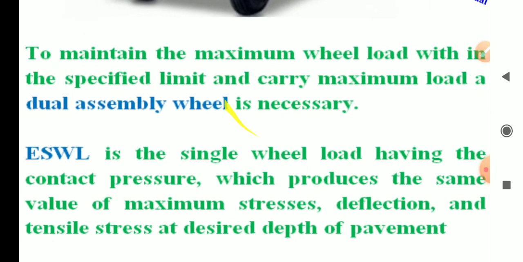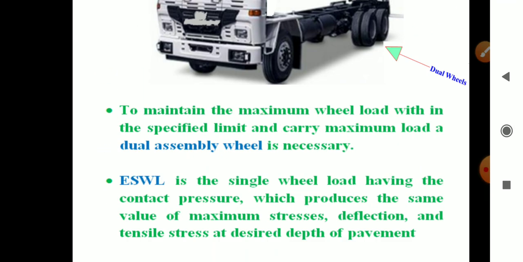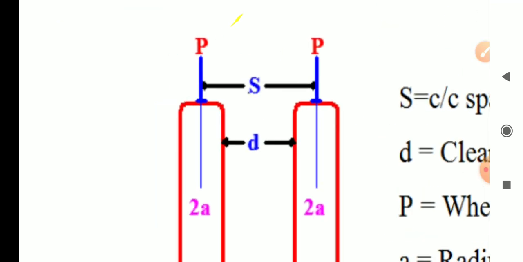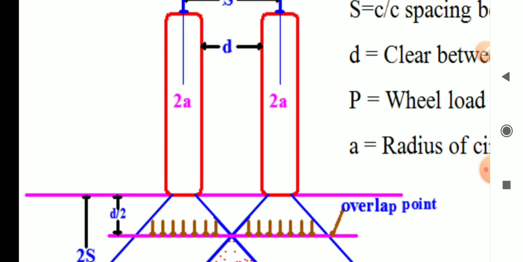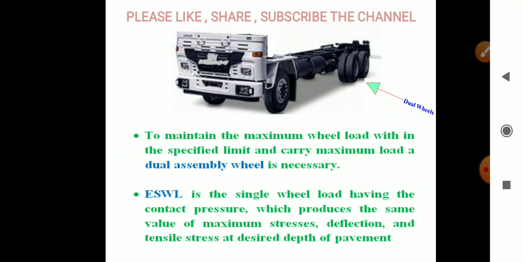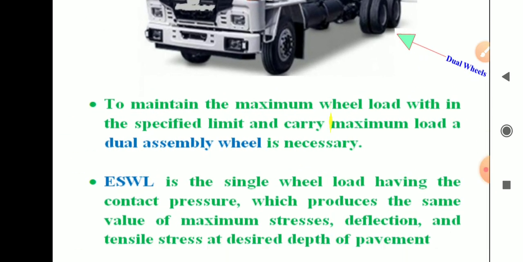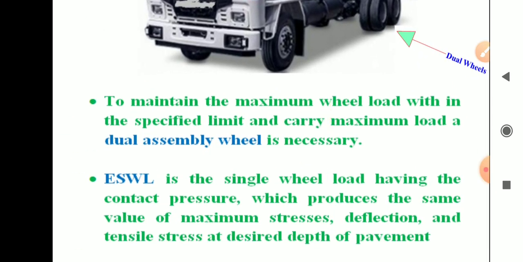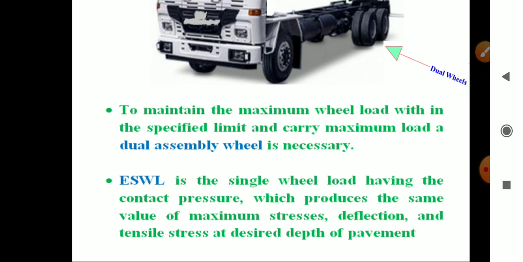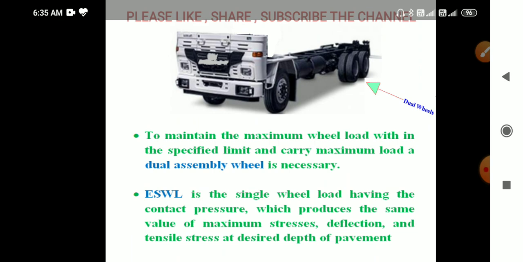Now I will go to the definition. ESWL is a single wheel load. Already I said single wheel load means this is a single wheel load, and P means load. ESWL is a single wheel load having the contact pressure, which I already explained, which produces the same value of maximum stress, deflection and tensile stress at the desired depth of the pavement.